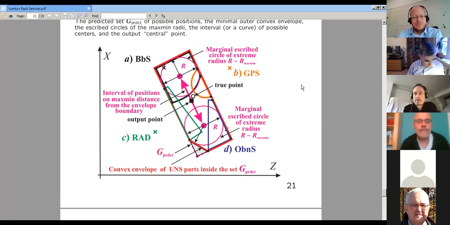And in the work which you mentioned, we discuss how we create prediction of the predicted set in two and three-dimensional space. You see?